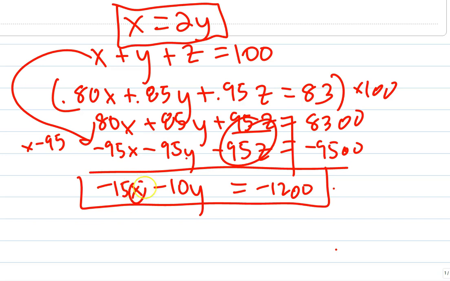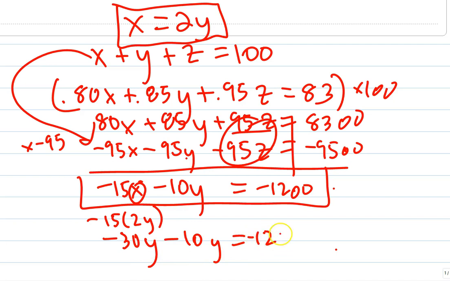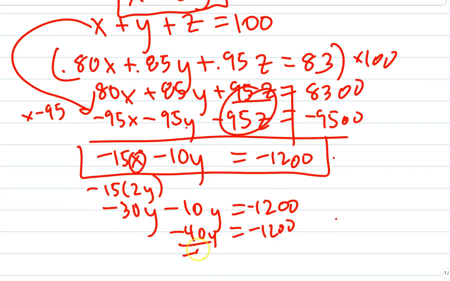So I can take this x right here and replace it with a 2y and get negative 30y minus 10y equals negative 1200. Negative 40y is equal to negative 1200. And by dividing by the negative 40, we find out that the y is going to be 30.